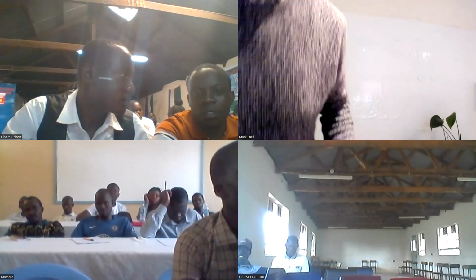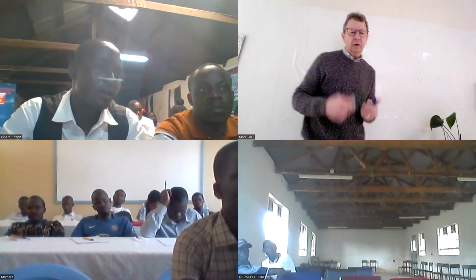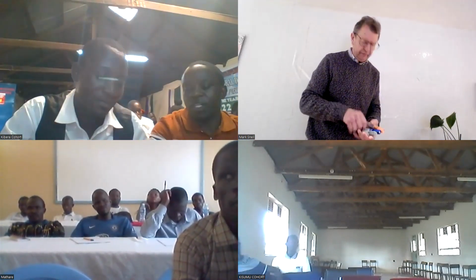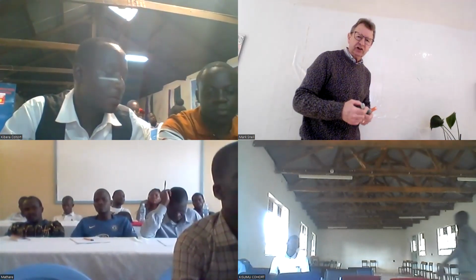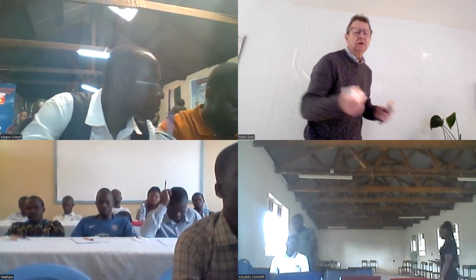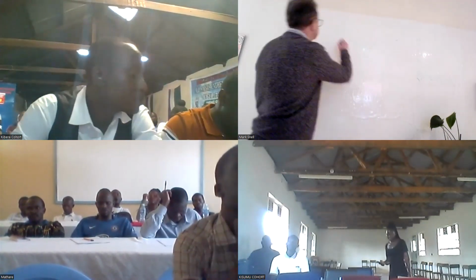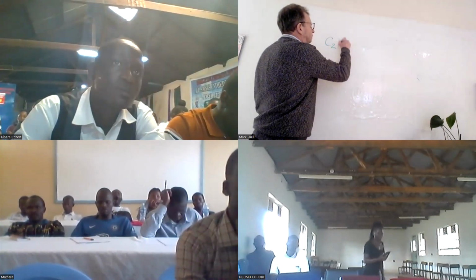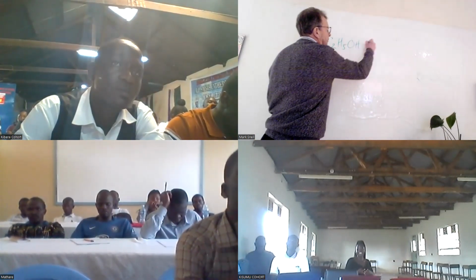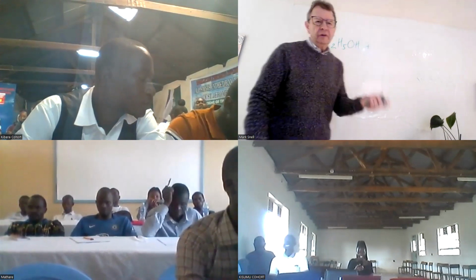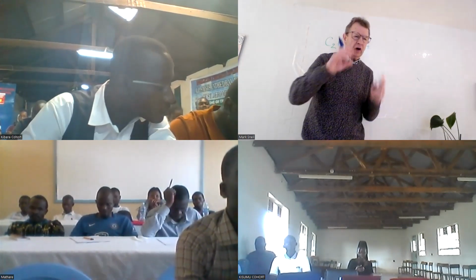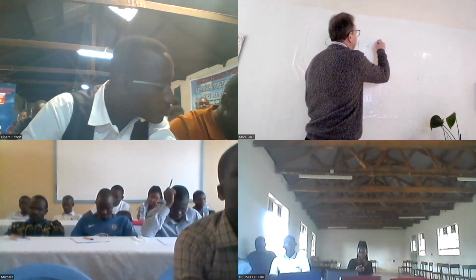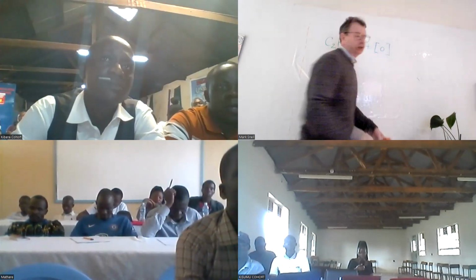So let's look at the most common ones which they ask to have equations written. So let's look at the oxidation of an alkanol, ethanol. We don't normally write K2Cr2O7 or KMnO4. We just write O in square brackets for an oxidizing agent.